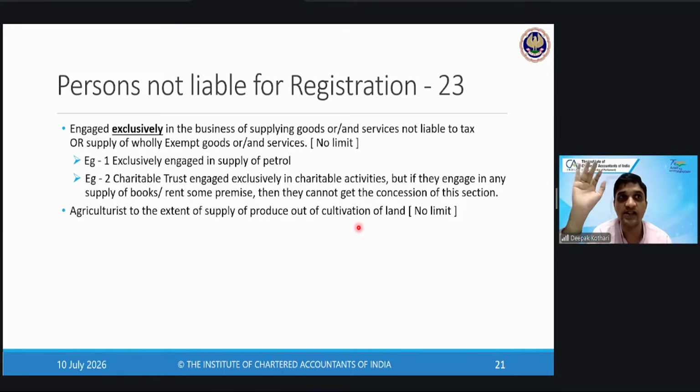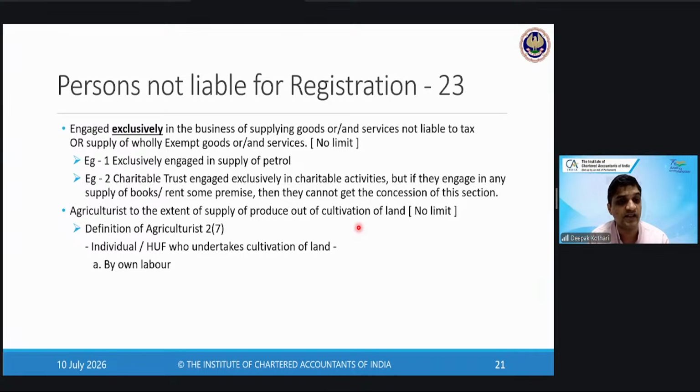Just because an agriculturist is doing some other activity doesn't mean he is not liable to pay tax. If he's doing any taxable supply other than supplying produce from his land, then GST will apply. But to the extent of supply of produce out of the cultivation of land, he need not pay tax. He need not be liable for registration.